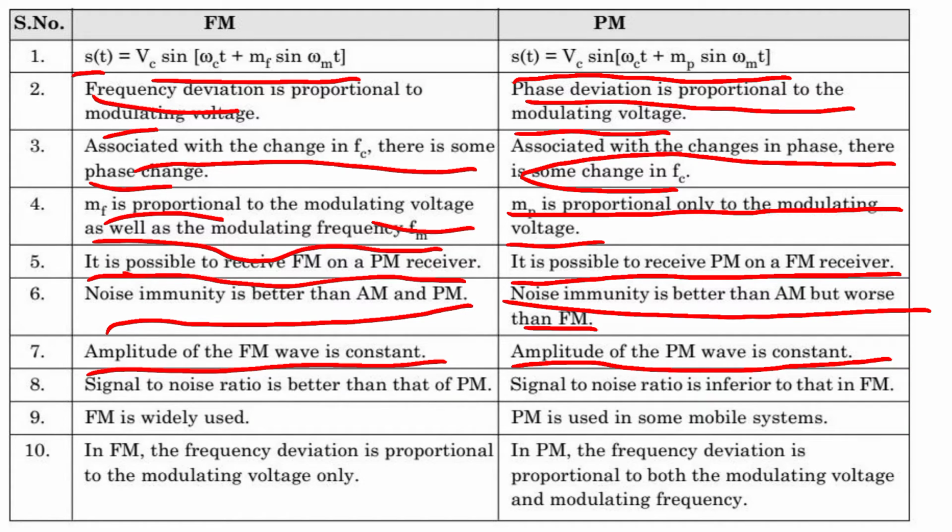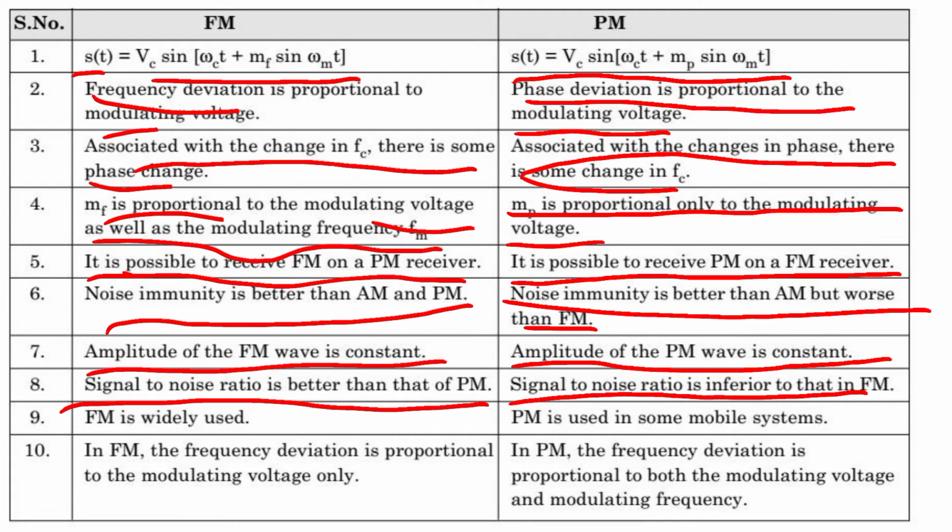Now coming to the eighth point, signal to noise ratio. The signal to noise ratio of FM is better than that of PM. We already discussed that the noise in PM is more than the noise in FM, which means FM has better signal to noise ratio, and the signal to noise ratio of PM is inferior to that of FM.